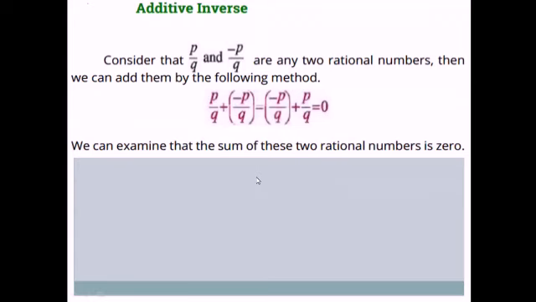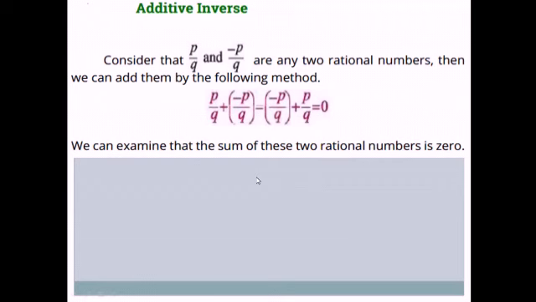So minus 3 is the additive inverse of positive 3. In additive inverse, you write the number as it is, only the sign is changed. If it is positive, it will change into negative. If it is negative, it will change into positive.